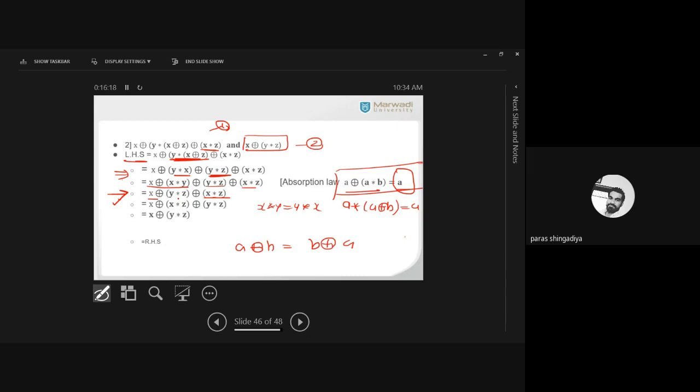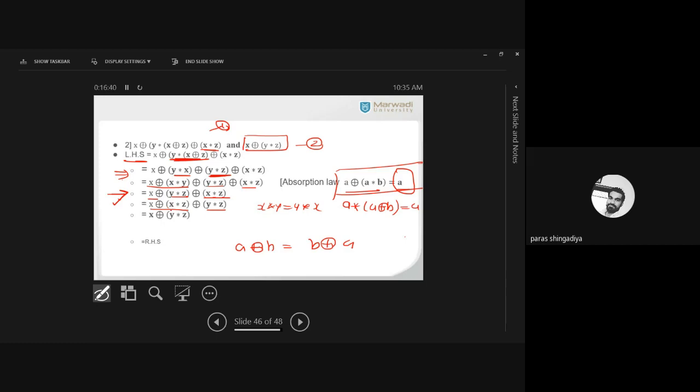We only interchanged it: in place of Y star Z we will have X star Z, and in its place we will have Y star Z, because we apply the absorption property again to derive the final answer. So X ring sum (X star Z) you will get, and again apply the absorption formula here.